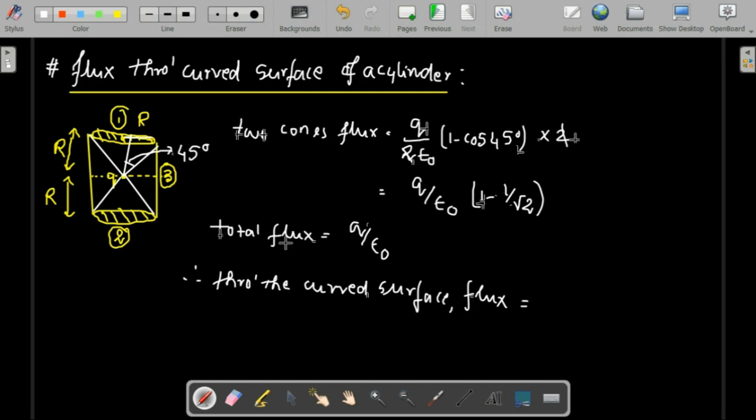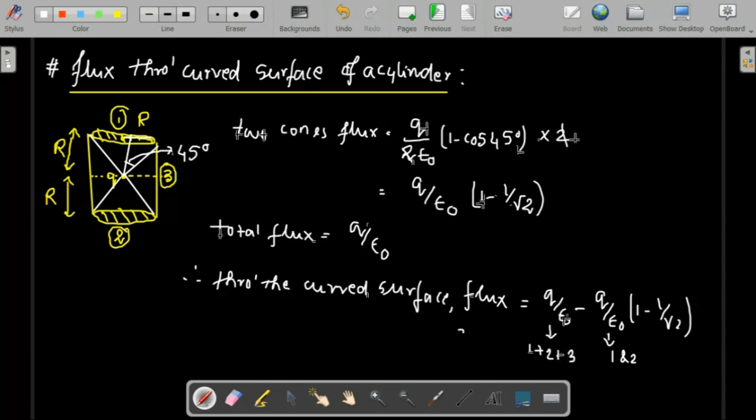It is whatever is the total flux, that is q by epsilon naught, minus whatever is the flux coming out of face 1 and face 2. So face 1 and face 2 is q by epsilon naught into 1 minus 1 by root 2, right? Then this is the flux coming out of 1 and 2, and this is 1 plus 2 plus 3.